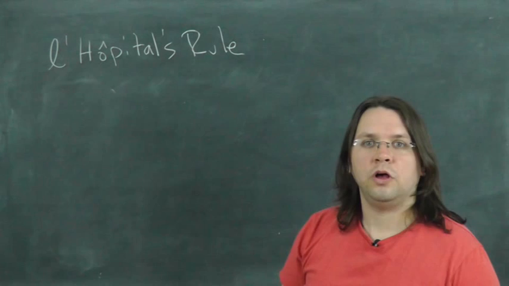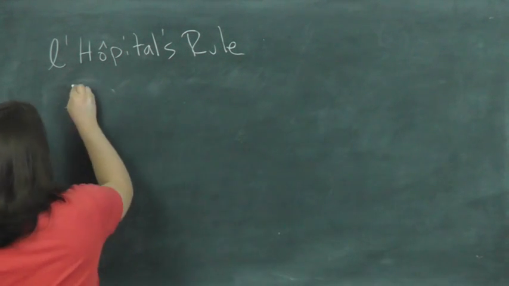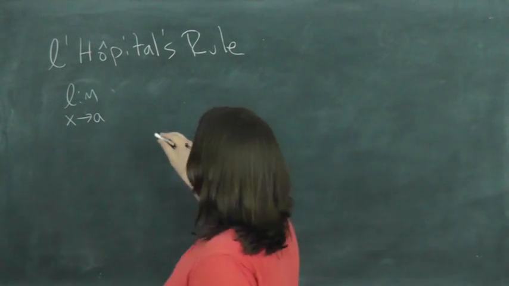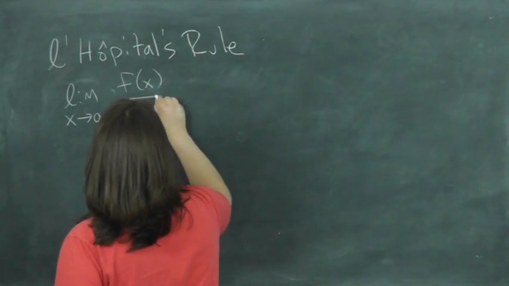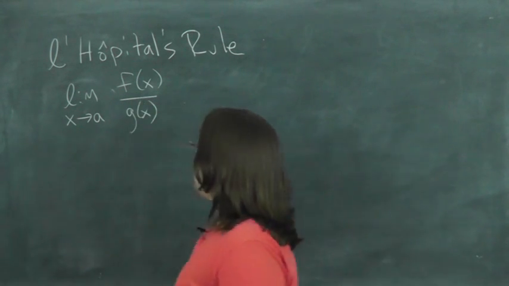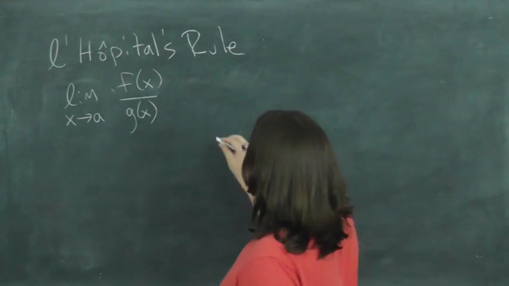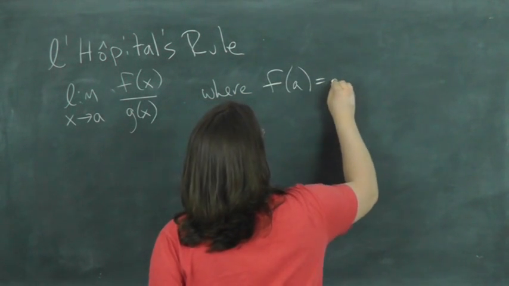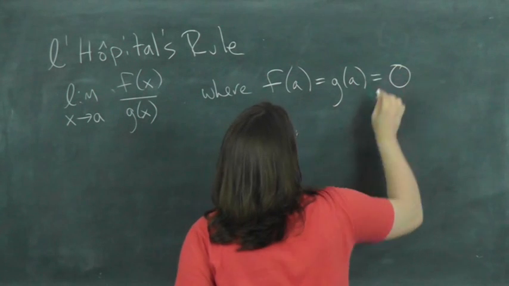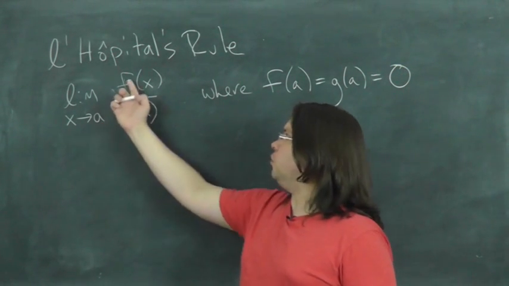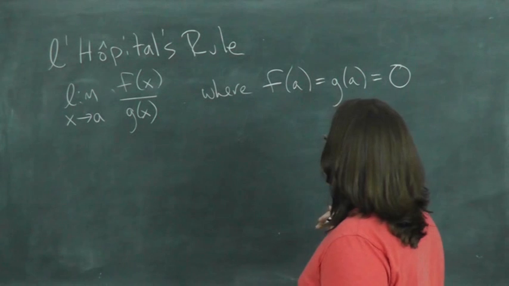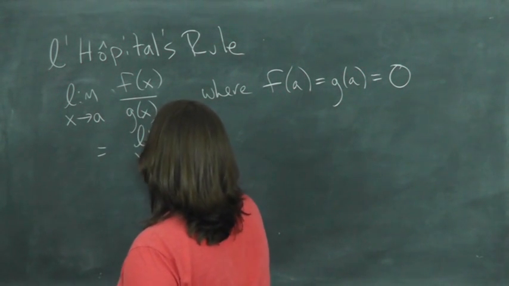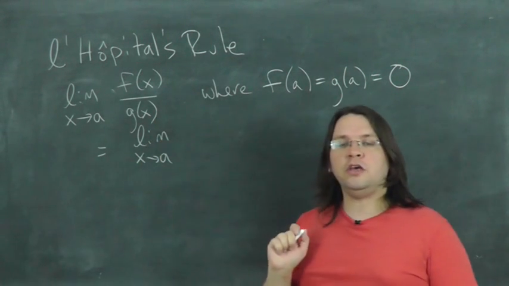So what does L'Hopital's rule actually say? Well, it says that if we're trying to compute the limit as x approaches a of a fraction f of x over g of x, where f of a and g of a are both 0, so if we plug in this value, we just get 0 divided by 0, then this limit is equal to another limit, which is hopefully easier to compute.